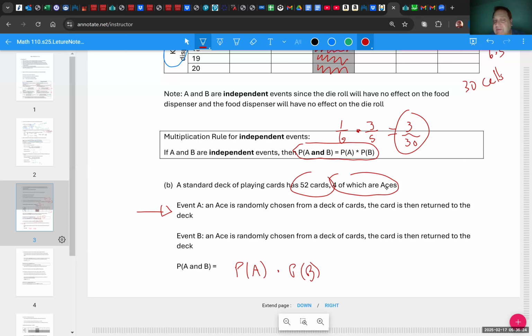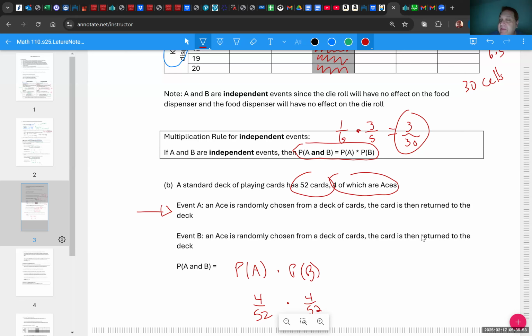And let's just assume that all 52 cards are equally likely to be picked. There's no weird bent corner card that comes up more or anything like that. So the probability of event A is 4 out of 52. Probability of B, well, remember we return the card, so there's still 4 aces. There's still 52 cards in the deck, so it's also 4 out of 52.